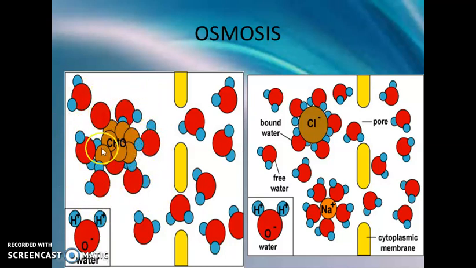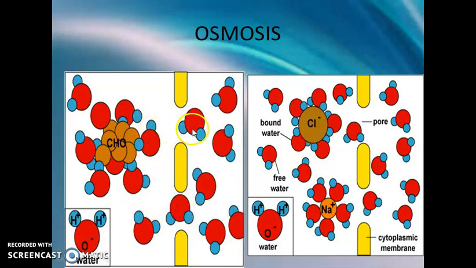This is the sugar molecule bound with the water molecule. There are other water molecules which are not bound with the sugar molecules. These are called unbound molecules, and they easily pass through the cytoplasmic membrane as well as through the pores.